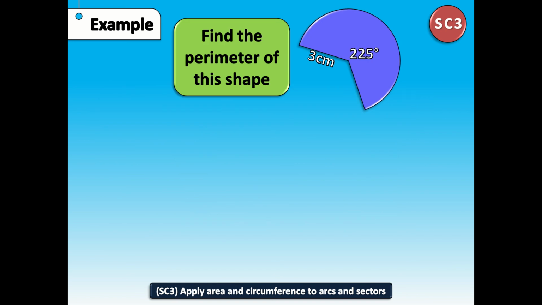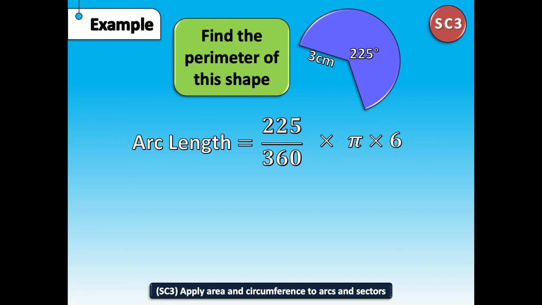Here's another example. This time we're asked for the perimeter of the shape. So we need to work out the arc length first of all. So that's the curved length, which would be 225 out of 360 times pi times the diameter. So that's 11.78. But this time we want to find the perimeter of the shape.